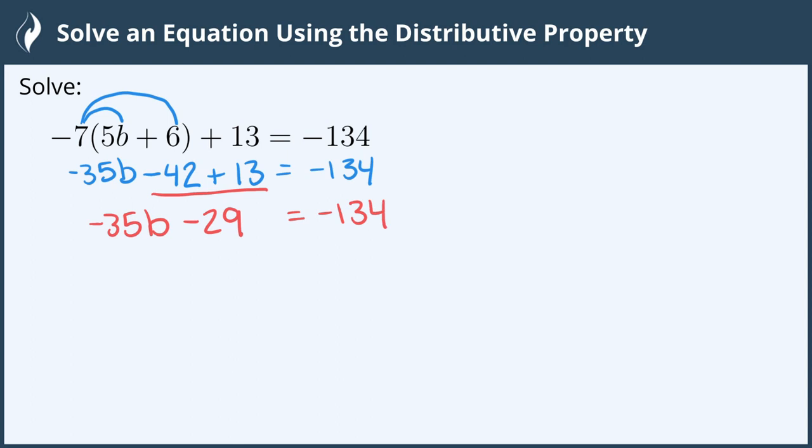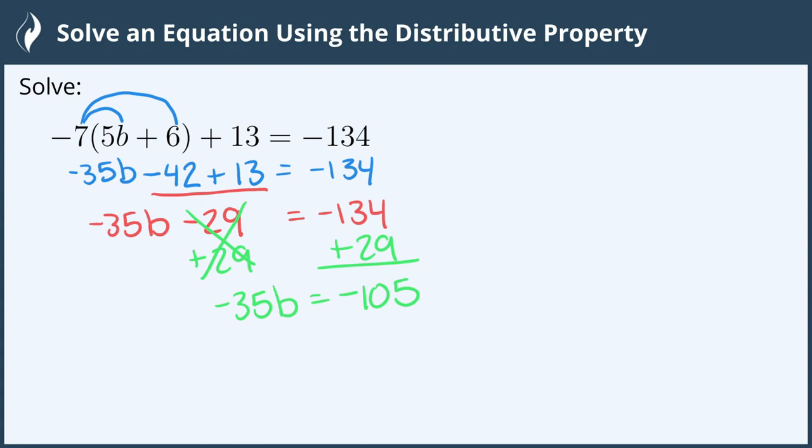Now to continue isolating the variable, we'll add 29 to both sides. Negative 29, or minus 29, plus 29 will cancel, leaving us with negative 35b on the left side. Combining the right side, negative 134 plus 29, in my calculator gives me negative 105.